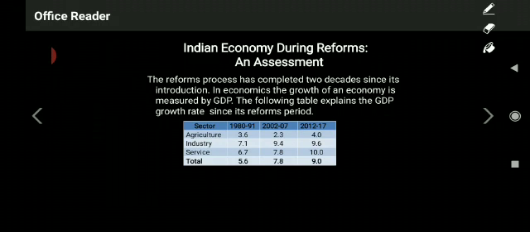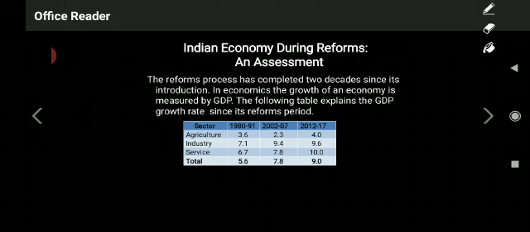In the first column, we have mentioned sector. Second column, 1980 to 91 report. Third column, 2002 to 7 report. Fourth and last column, 2012 to 17 report of GDP in India. Look at the first sector, that is agriculture.